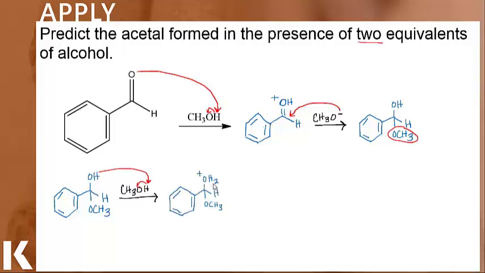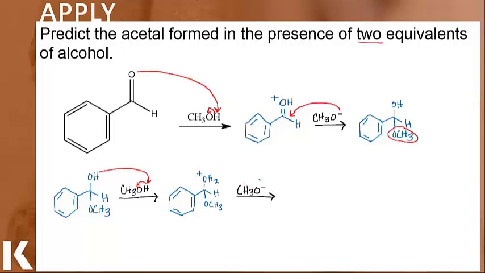This, again, is going to give me a positively charged oxygen. That positively charged oxygen does not want to be attached to three things. So what will happen is the water will ultimately leave, and that's going to happen in our next step.